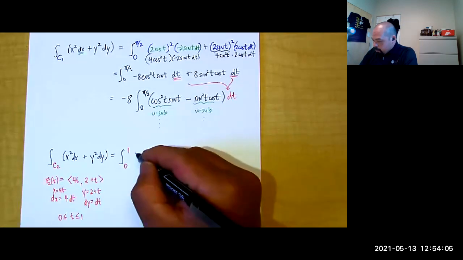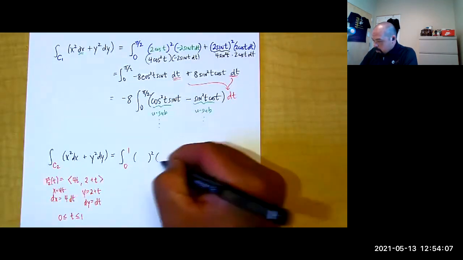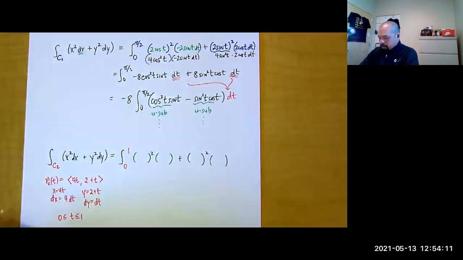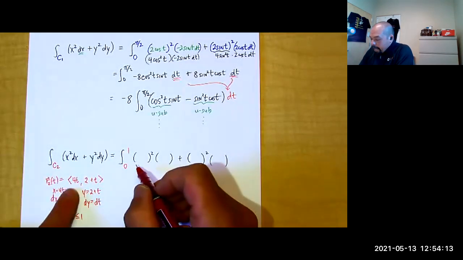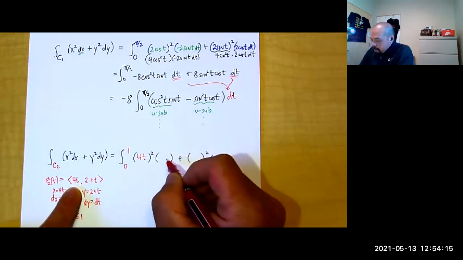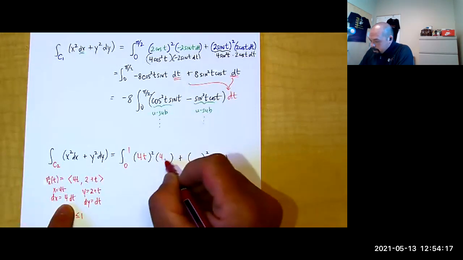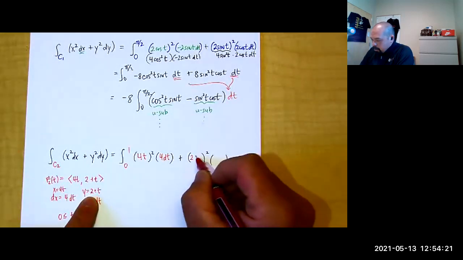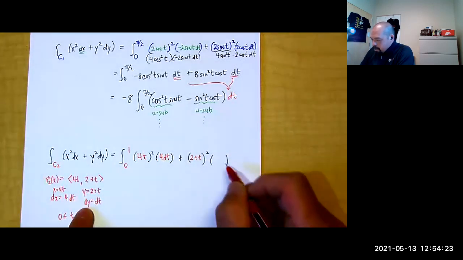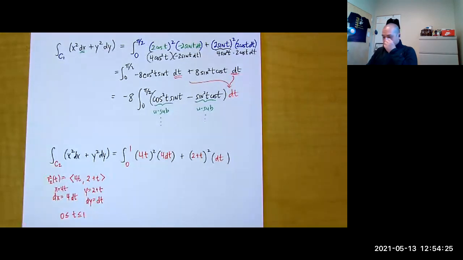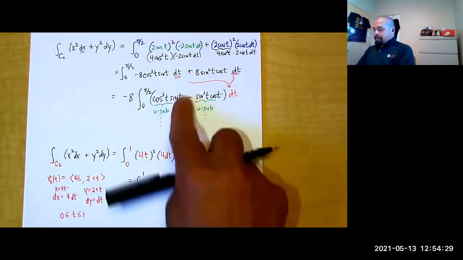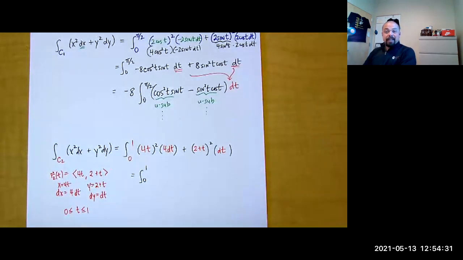So let's start to put these components in. X is 4t, dx is 4 dt, y is 2 plus t squared, dy is dt. And so similar to what we saw above, I'm going to jump a little bit faster.